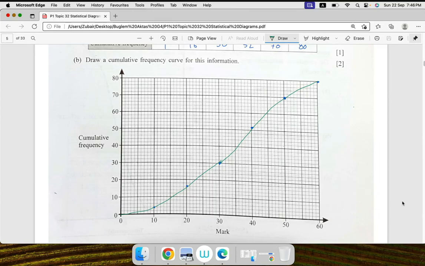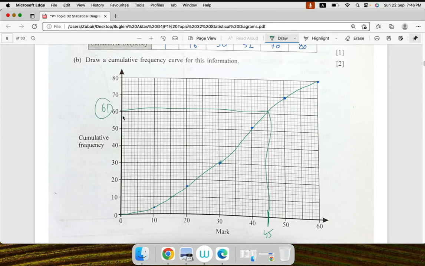Okay, at 45 marks, how many students do you think have passed? 60 students are passing at 45 marks. Even if you think that's 60, I think that's 61.